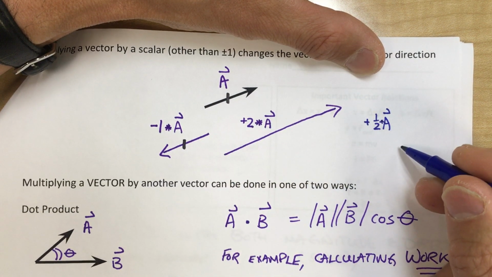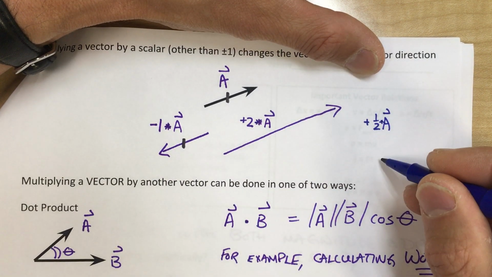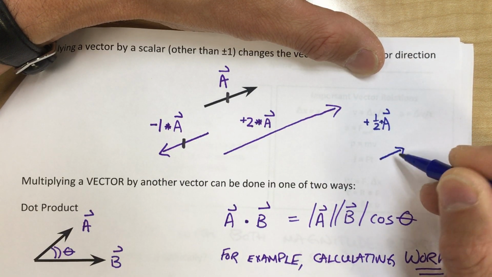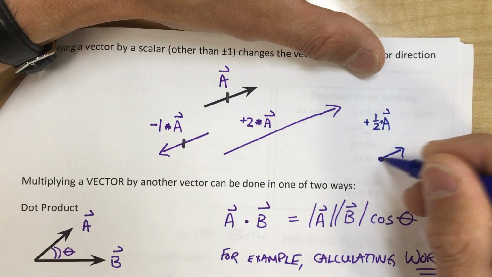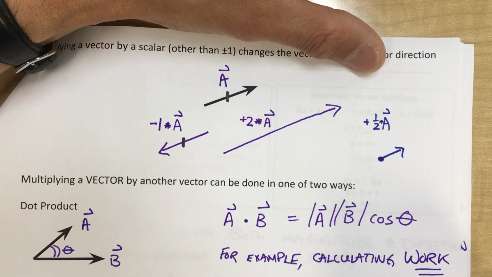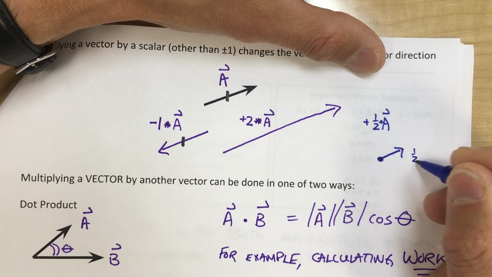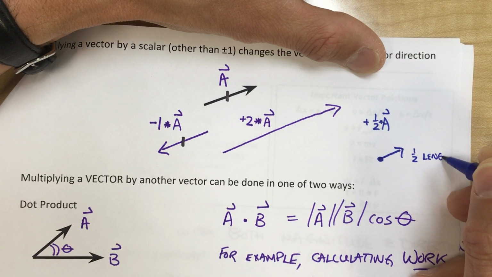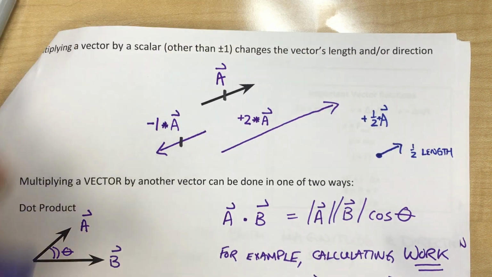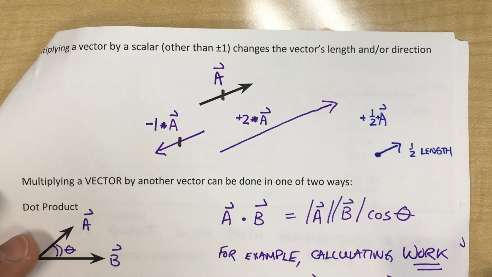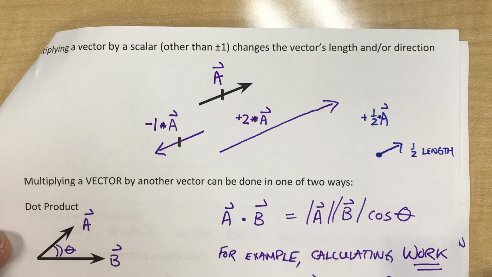What will happen is that I will basically take the original vector, it will have the same direction, but now it's going to be half of the length. I'll just put a note here that that vector is half as long. So multiplying vectors by scalars, it's pretty easy. You're just changing the direction if there's a negative sign and the length if the number is not equal to 1.